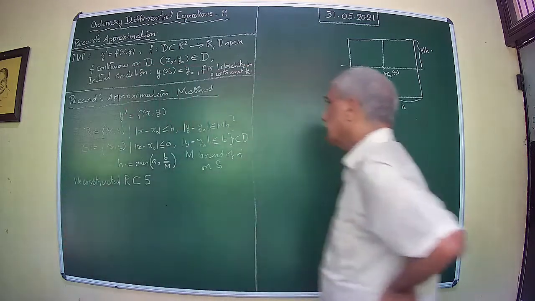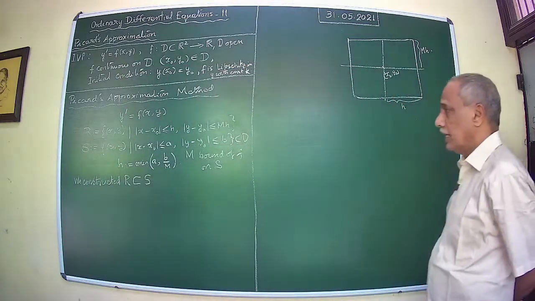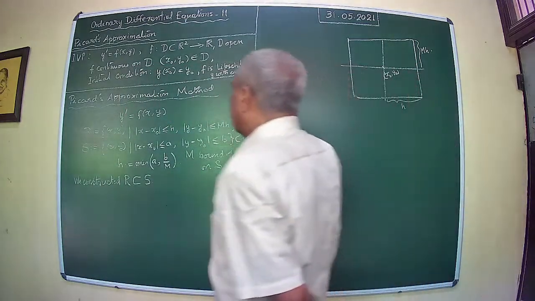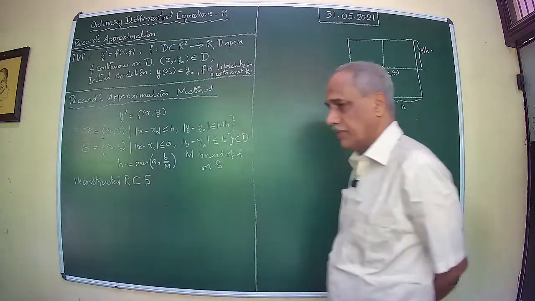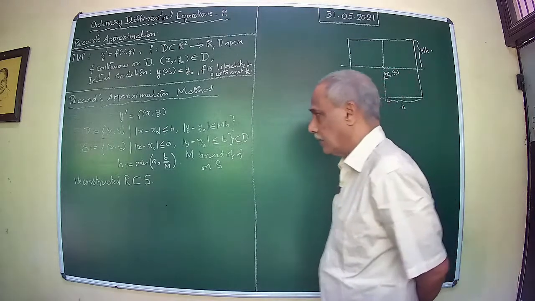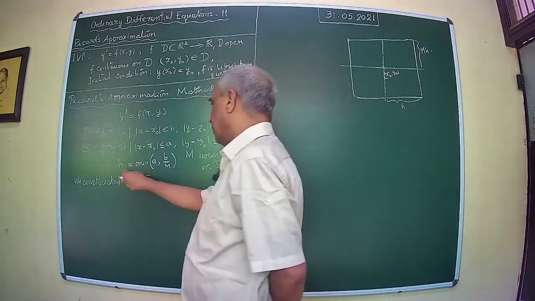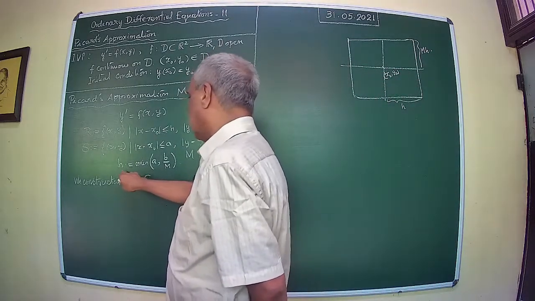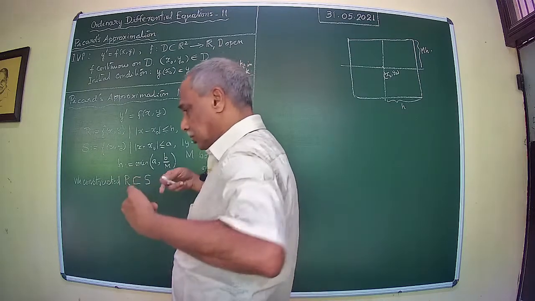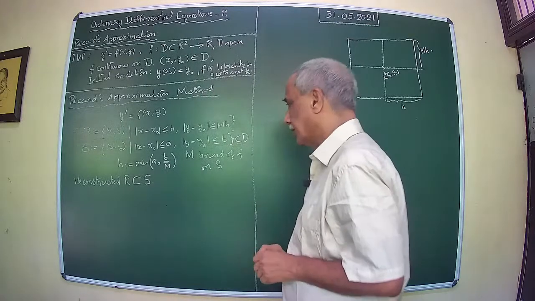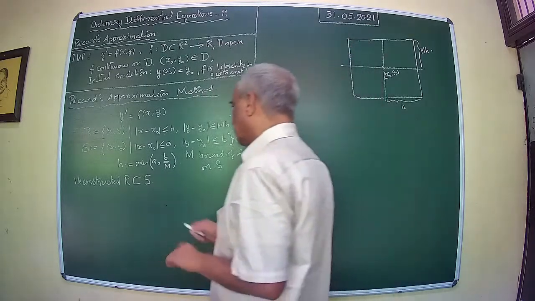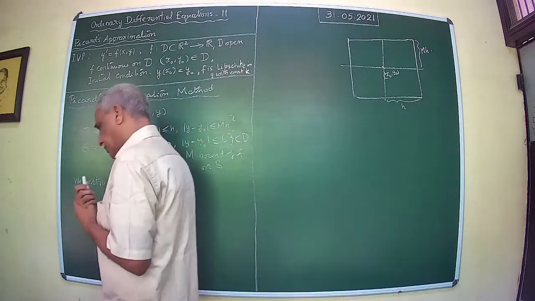This is the assumption that we make. If these conditions are satisfied, there is a unique solution on the interval of length 2h centered around the point x0. So this is the theorem that we prove.